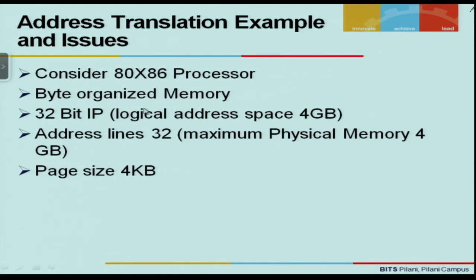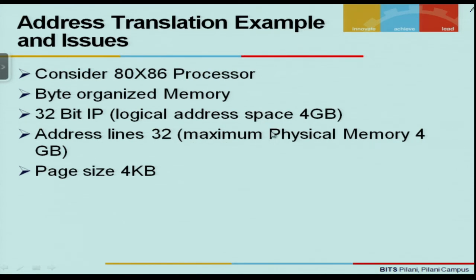In the particular processor example, if we run from Intel 80386 to the Pentium 4 processor, you would find that they had a 32-bit IP, instruction pointer register. So the logical address space we are talking about is 2 to the power 32, that is 4 gigabytes, and these Pentium processors physically had 32 address lines.